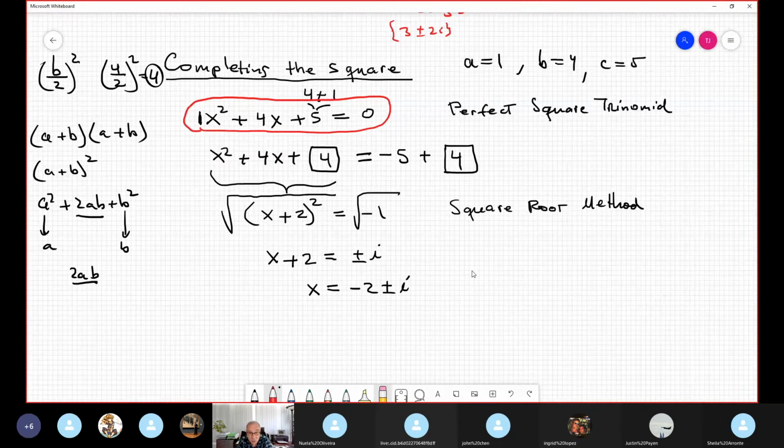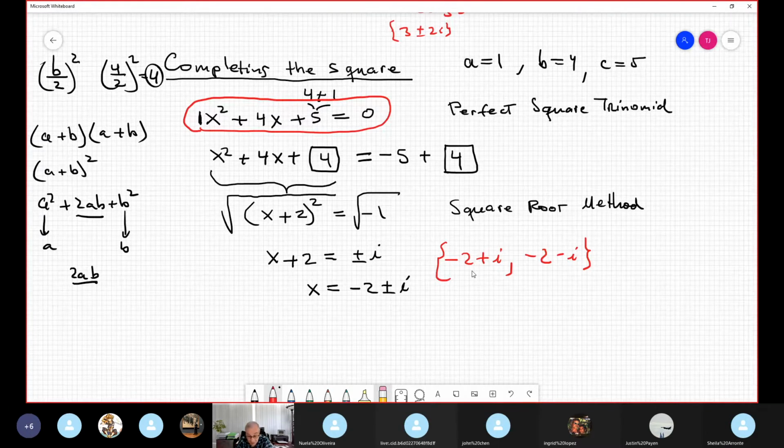It contains two solutions, and the solutions are minus 2 plus i, comma, minus 2 minus i. Two complex solutions. I suppose that the parabola that describes this quadratic equation never crosses the x-axis at any point. Therefore, the solutions are complex.